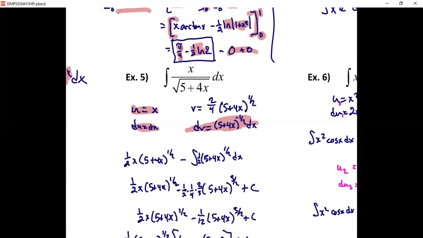Now the dv, when I integrate it, my mental thought process behind this is number 1, I have to raise it to a power 1 above. And then I have to compensate for that 1/2 by multiplying by the reciprocal, which is where that 2 comes from. Now, we also have that 5 plus 4x. This 4, when I take the derivative, that chain shows up.